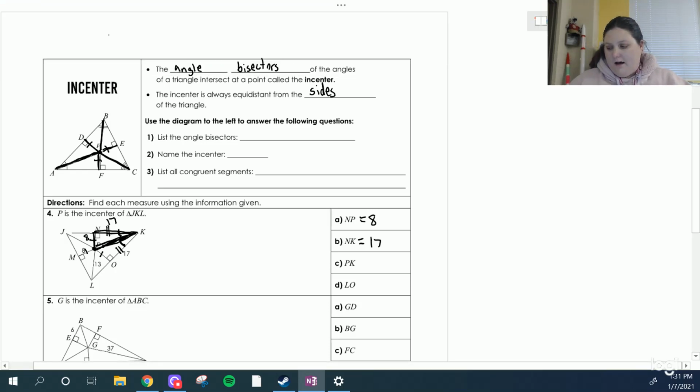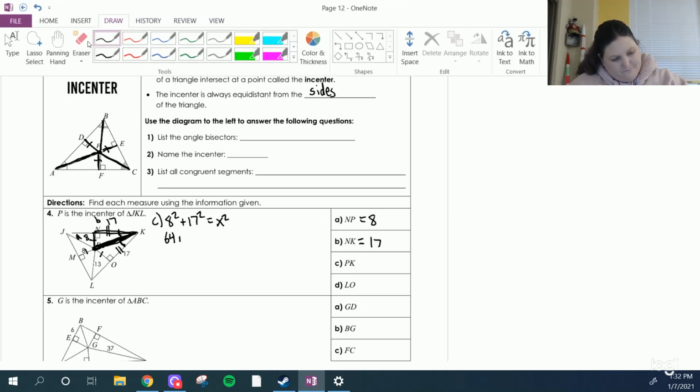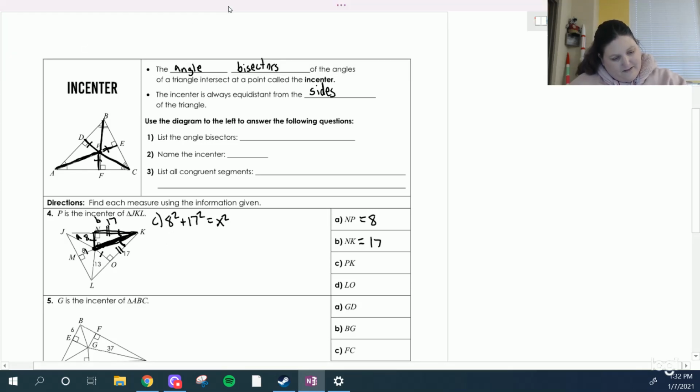Next thing we need is PK. PK is from here to here. On this one, we're going to have to use the Pythagorean theorem. A is going to be 8, B is going to be 17, and C is going to be PK. So this is for part C. I have 8 squared plus 17 squared equals x squared. 8 squared is 64 plus 17 squared.